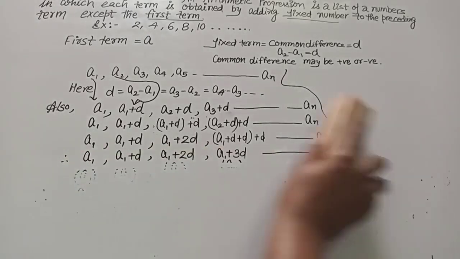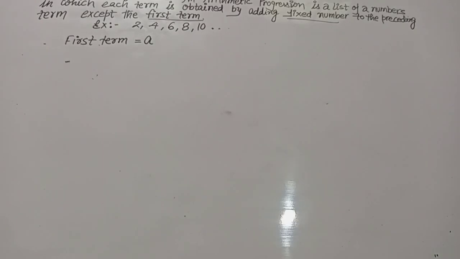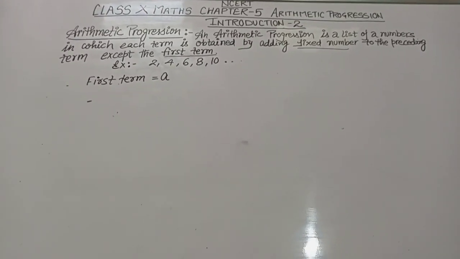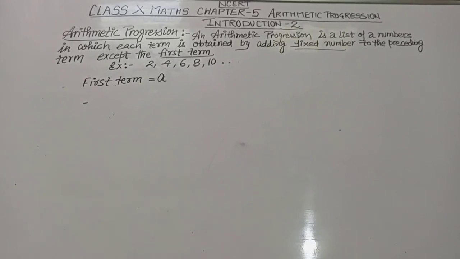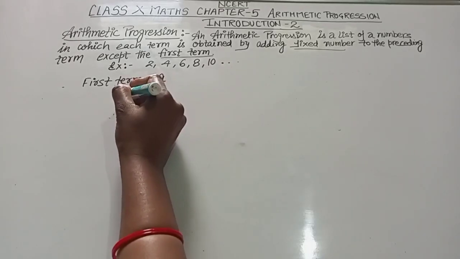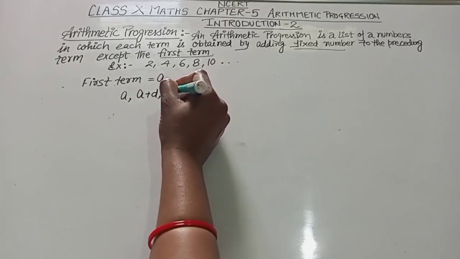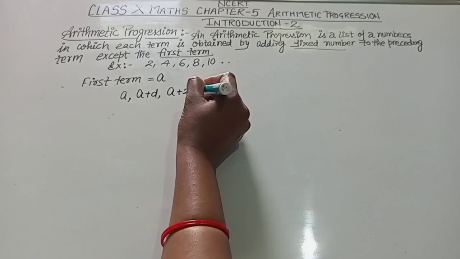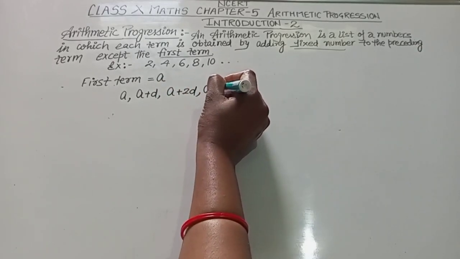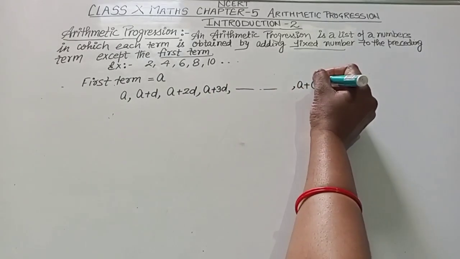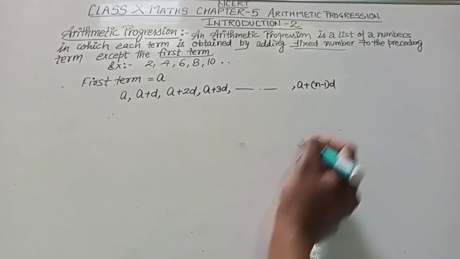I will write it in an easy to understand way. The series is a plus d, a plus 2d, a plus 3d, and so on, a plus (n minus 1) into d.